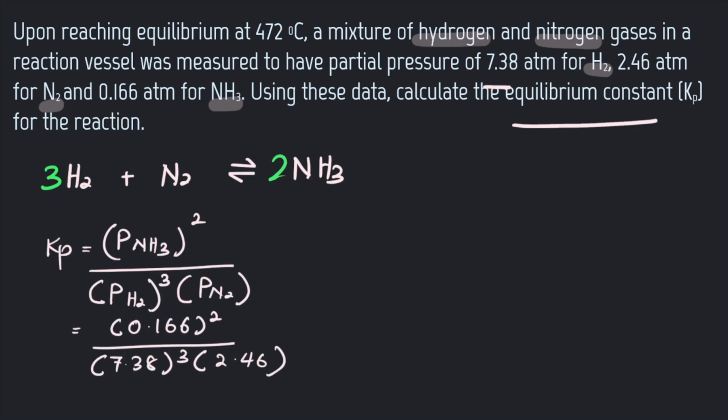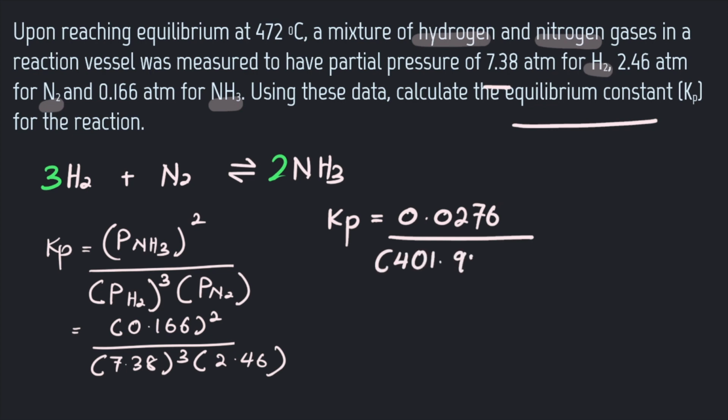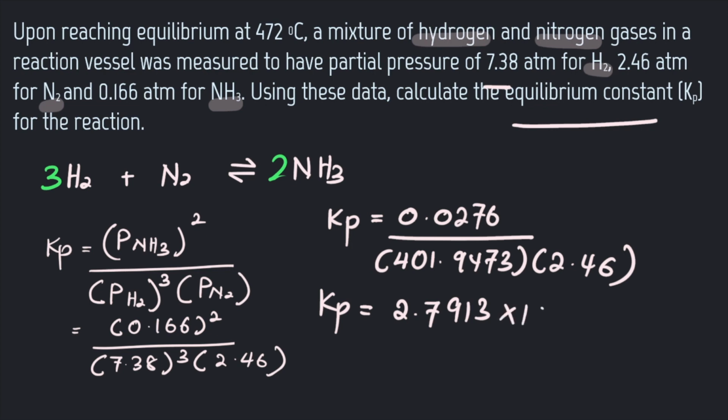So you should get Kp equivalent to 0.0276 divided by 401.9473 times 2.46. You just have to press your calculator and you will get Kp is equivalent to 2.7913 times 10 to the power of negative 5. So this is the final answer for the 4th question.